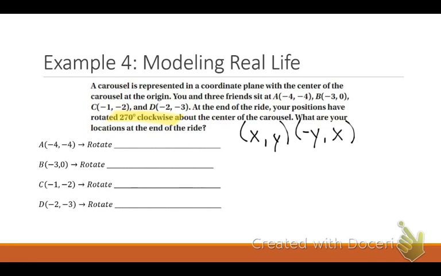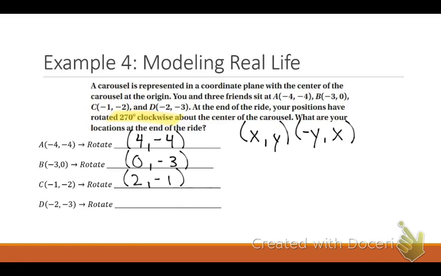Okay, so we flip it, guys, and we do the opposite of Y. So for point A, it's now going to be, say it with me, 4, -4. Point B, 0, -3. You can't have a negative 0. Point C, 2, -1.